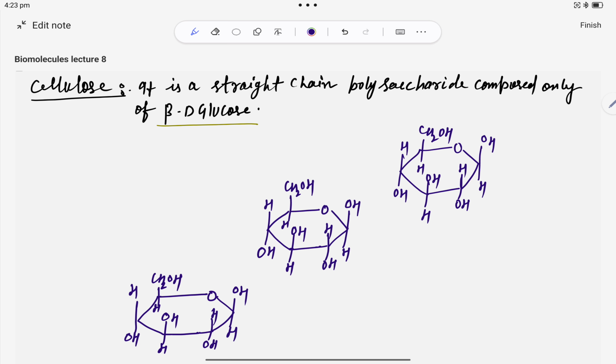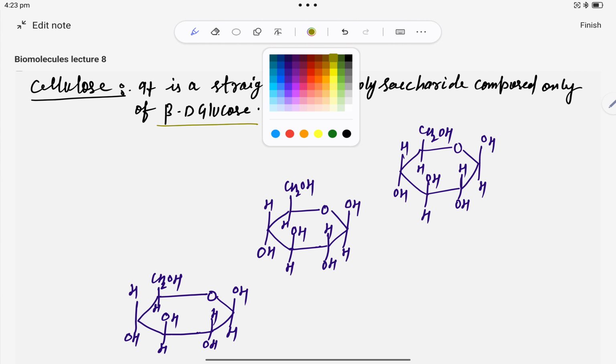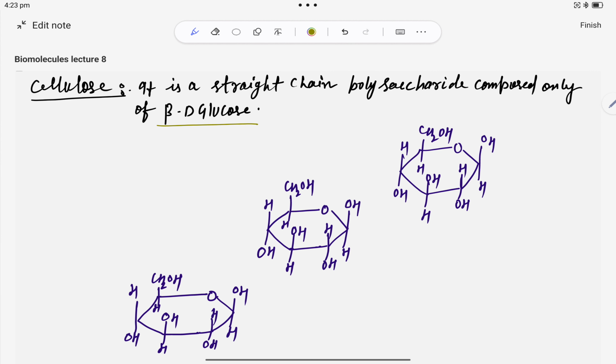So what you have to do, children, simply you have to remove water and make a glycosidic linkage. So here that H and this OH, from here water will be removed and they will be connected with oxygen.